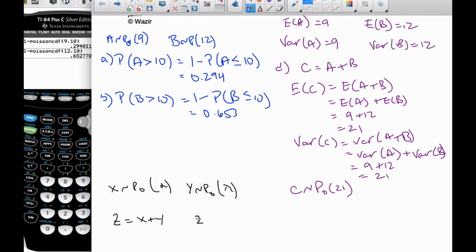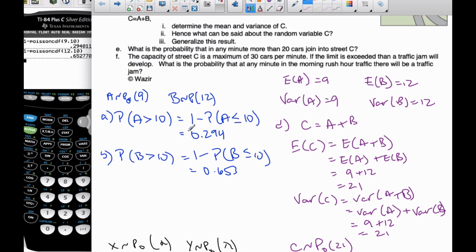Then Z is also going to be Poisson with a mean of alpha plus lambda. The variance will also be alpha plus lambda. And so the moral of the story is if you have two Poisson random variables and you combine them by addition, then you get a new Poisson random variable. Okay, so there's the generalization.